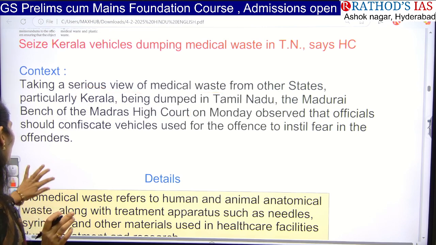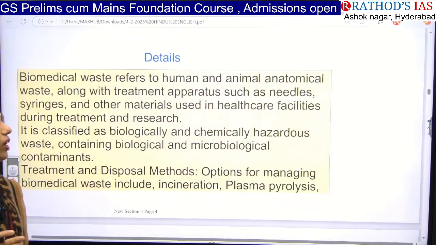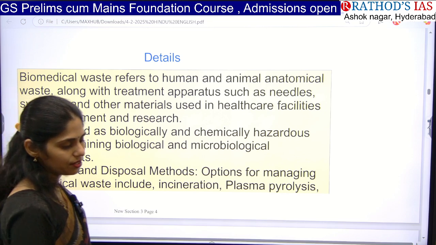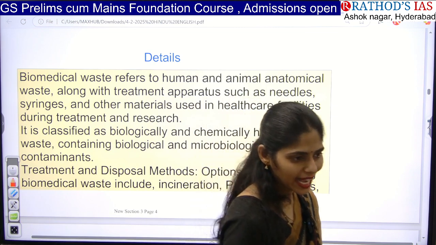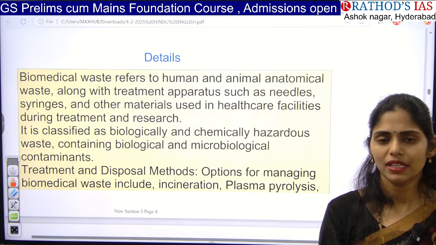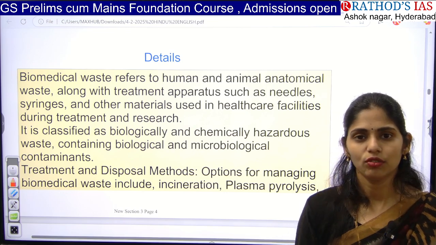So what is this biomedical waste? It refers to human or animal anatomical waste. That means after treating humans or animals, they will get waste. For example, if they are doing a delivery, the baby is brought outside, and what is the waste that is there?